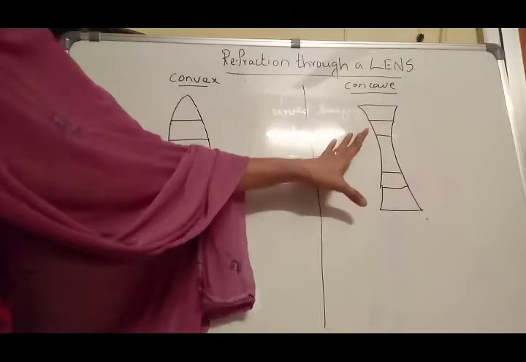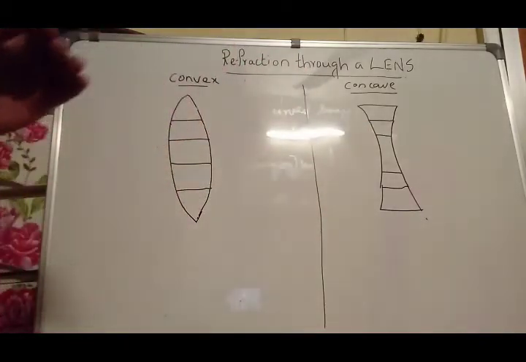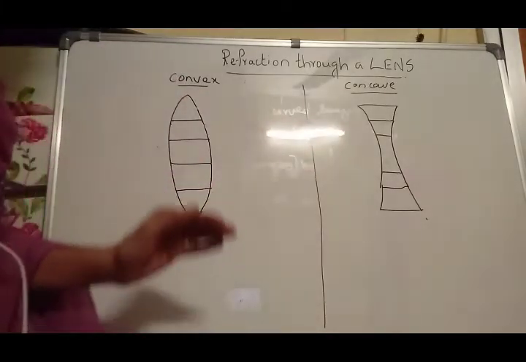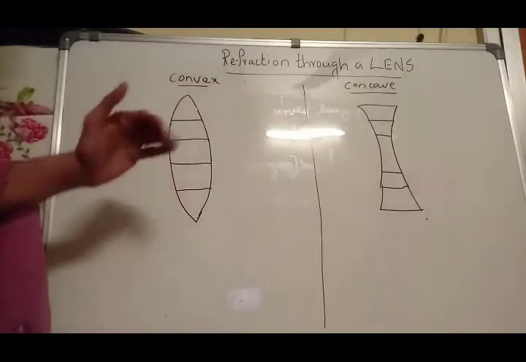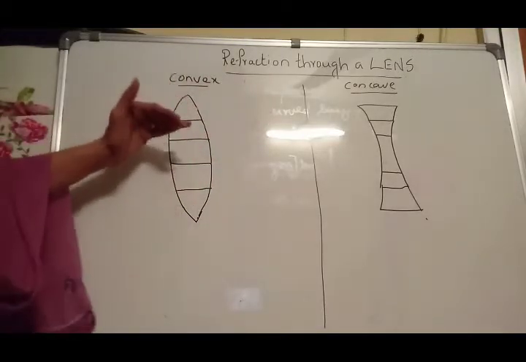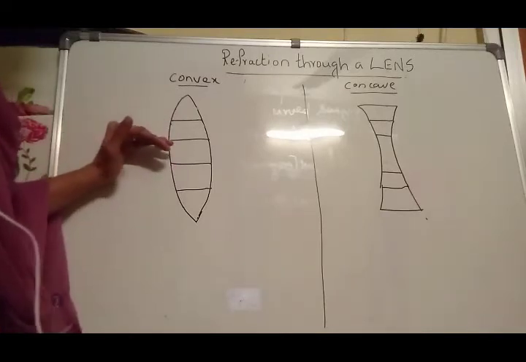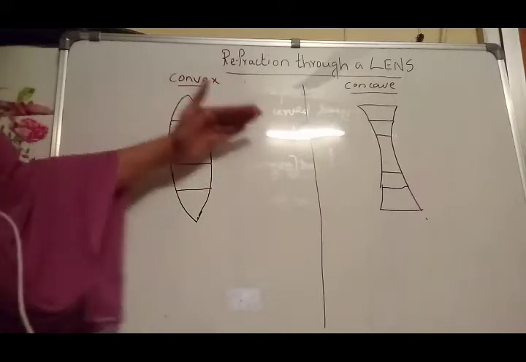In order to understand how the ray is refracted through a convex and concave lens, it is easy if you consider them as a combination of a large number of prisms or slabs. That is why I have divided it into sections like this.